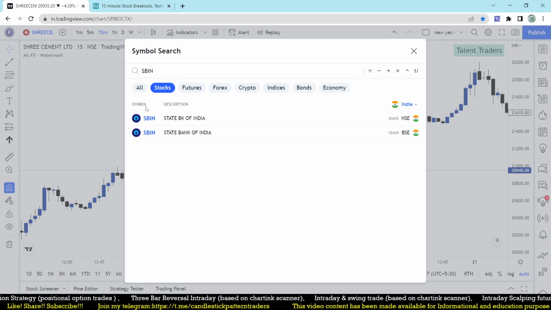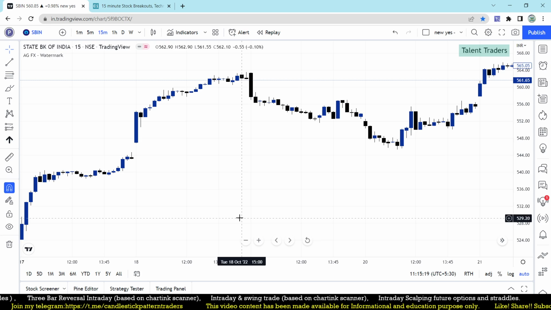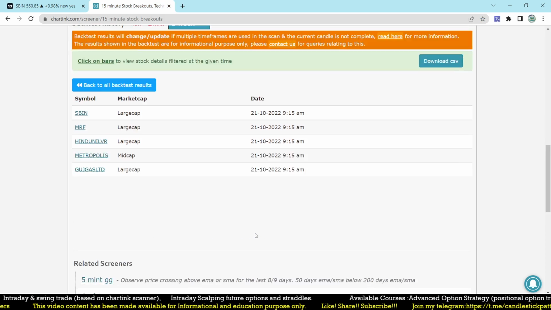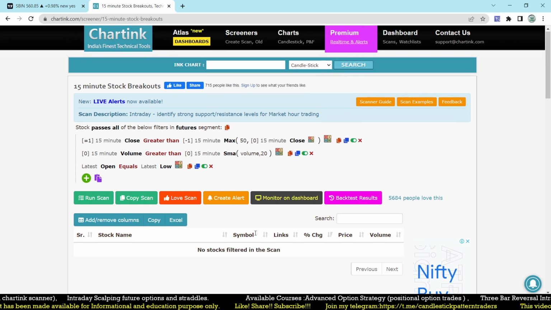So you can backtest and work out how the system is working, and how the scan will perform. Because we are using the first candle, it may not repaint, only the stocks which are available at 9:15 itself. So how do we find the breakout stocks at the opening itself? That is, the first 15 minutes breakout stocks, or 9:15 breakout, or 9:30 breakout.